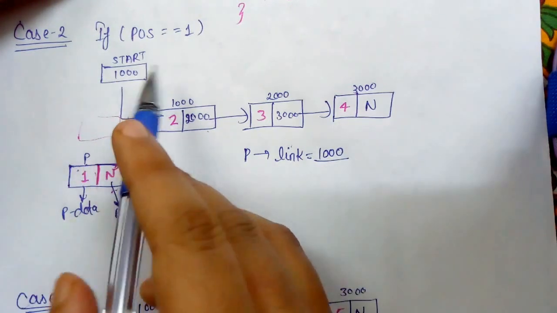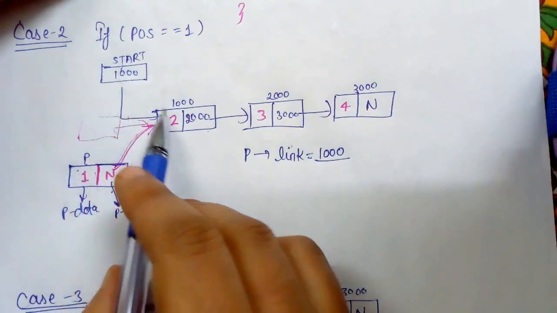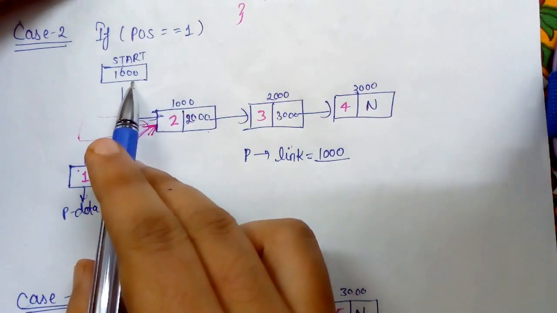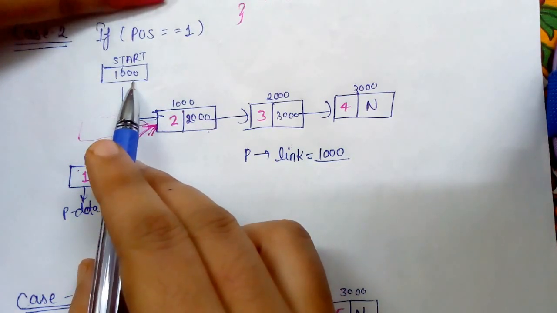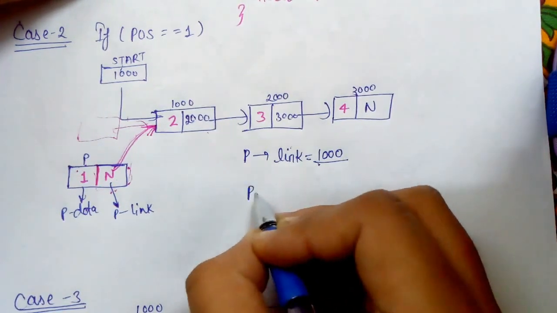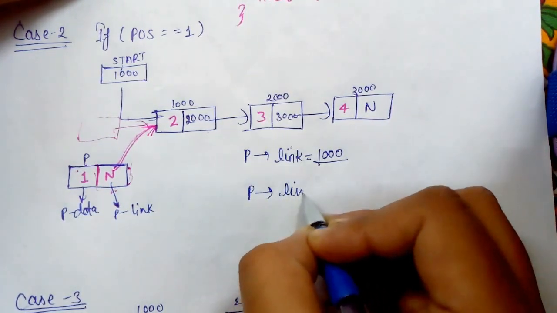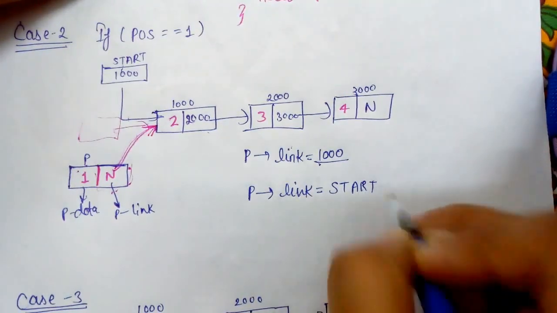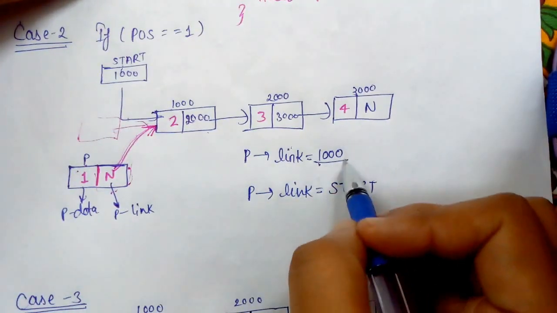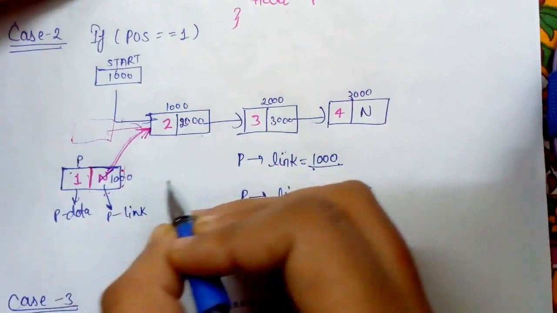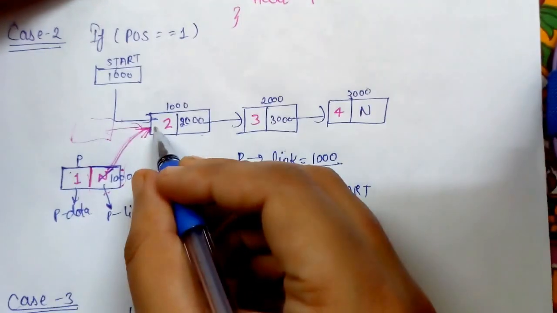As we know, start always points at the first node in the linked list, so start contains the address of the first node, that is 1000. So if we assign the start address, that is 1000, in the P link part, it will point at this node.